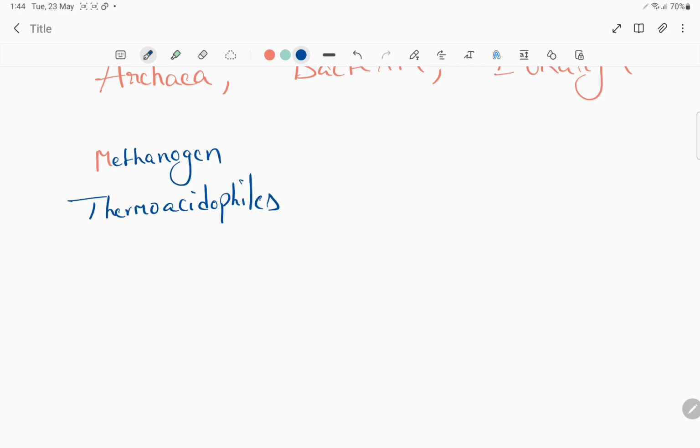Next, bacteria include prokaryotes that cannot survive in extreme harsh conditions, the normal bacteria, like Lactobacillus and E. coli, Escherichia coli.